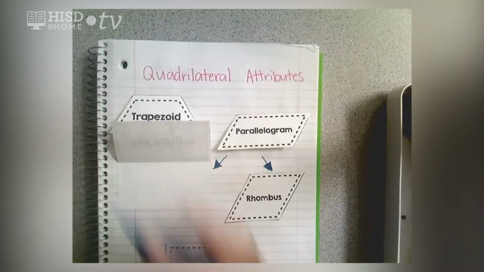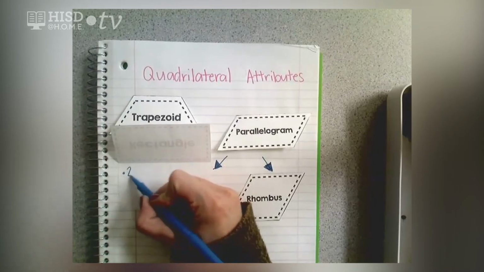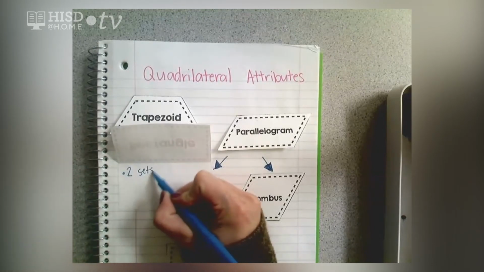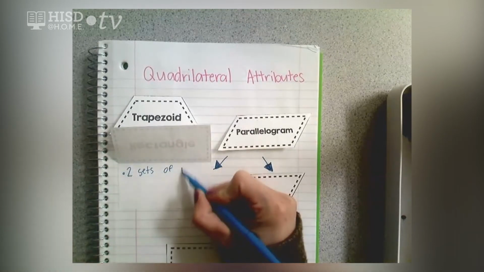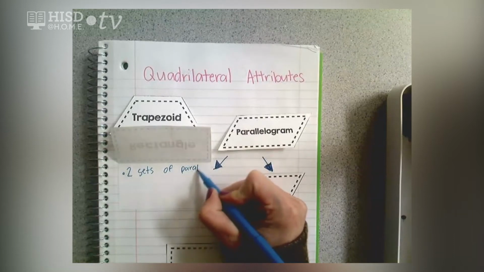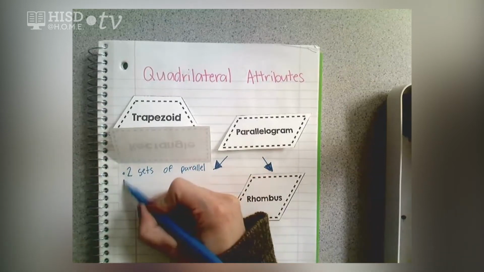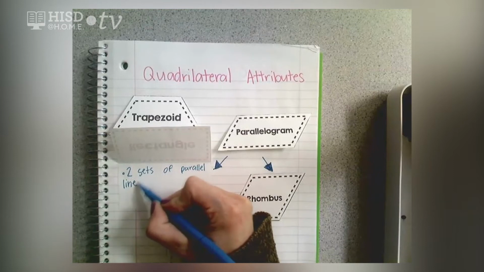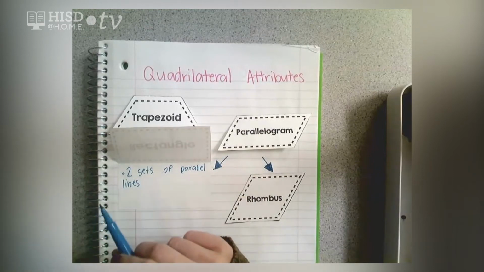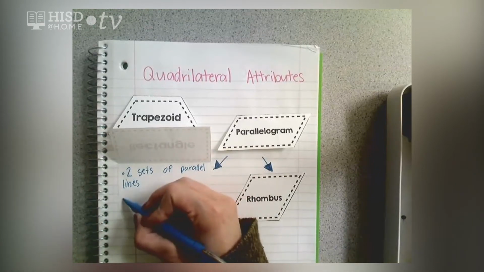We know it has two sets of parallel lines. It also has four right angles.